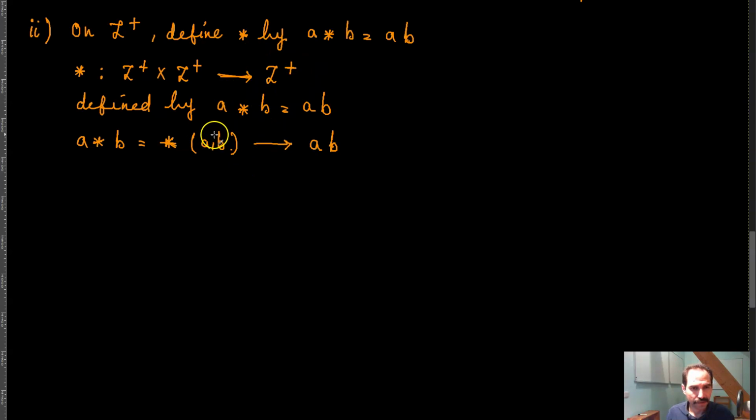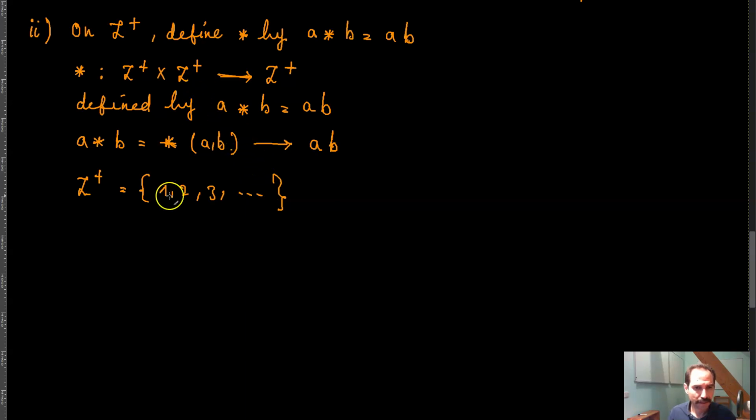So what I need to do is find some element A comma B and see if that is the case. Of course you know that I don't have 0 over here, and Z plus is the set that starts from 1 and goes all the way up to infinity: 1, 2, 3, and so on and so forth.